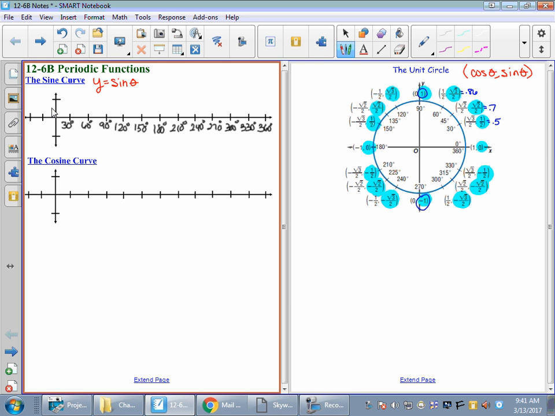I didn't put the 45s on there, but they're halfway between 30 and 60, so I can talk about them. My vertical scale, I top out at 1, and I bottom out at -1. Now, because we go horizontally so far, I want to make sure that I'm still going up to 1 and going down to -1 when I get all the way over to 360.